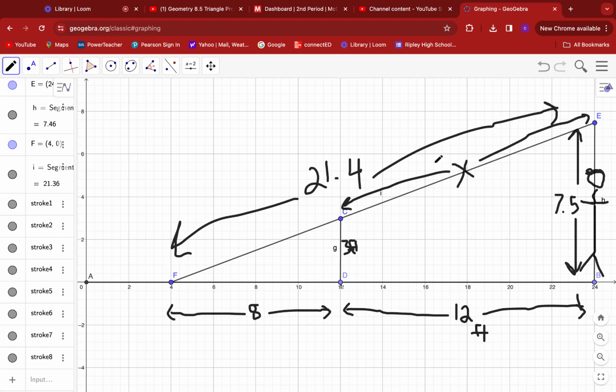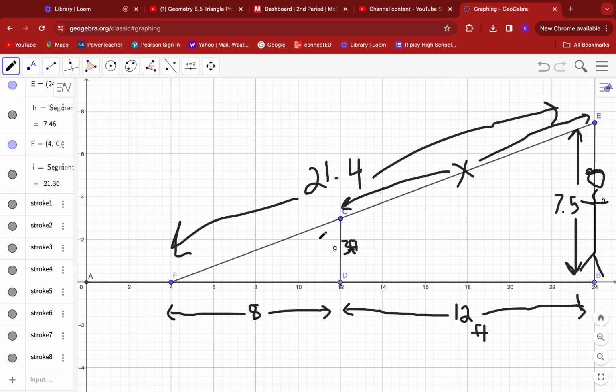I can also set up a proportion, cross multiply, and solve. So I can go 8, which is the bottom of the small triangle, over 20, because that's the bottom of the big triangle, equals the hypotenuse x over 21.4, the hypotenuse of the big one.